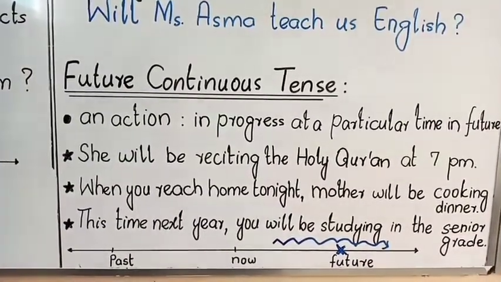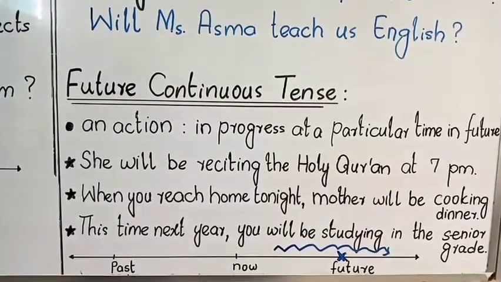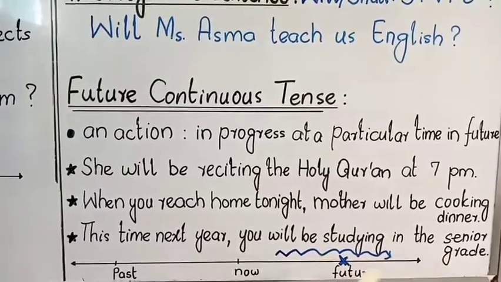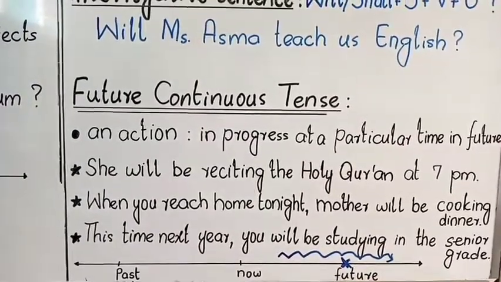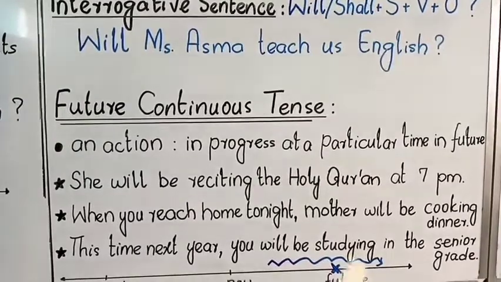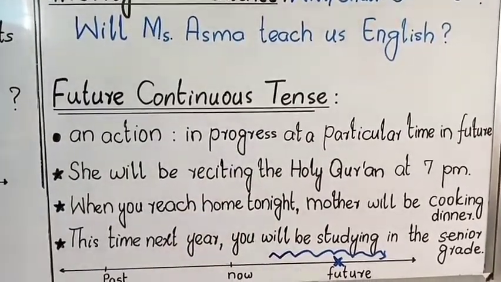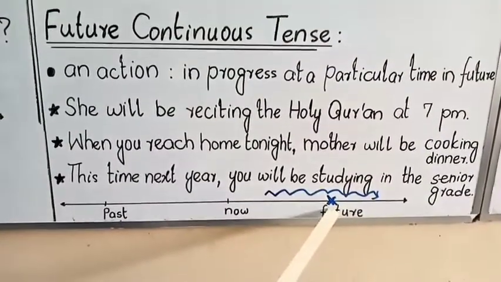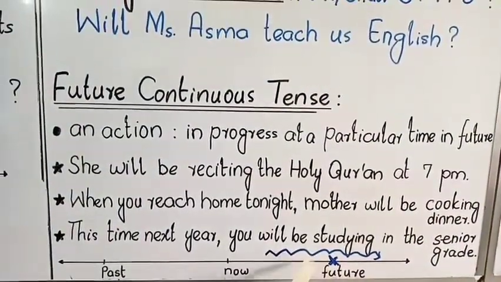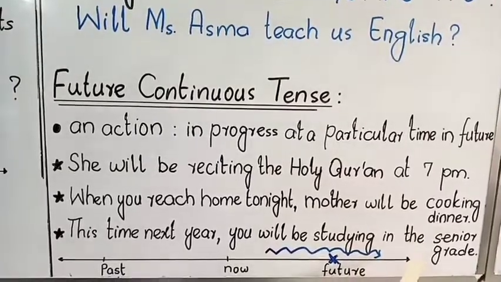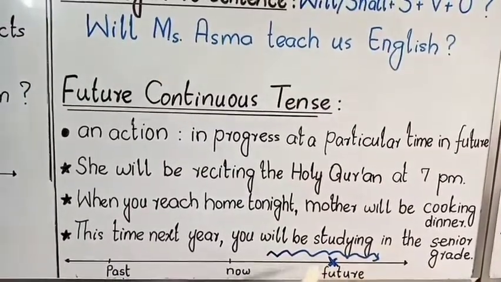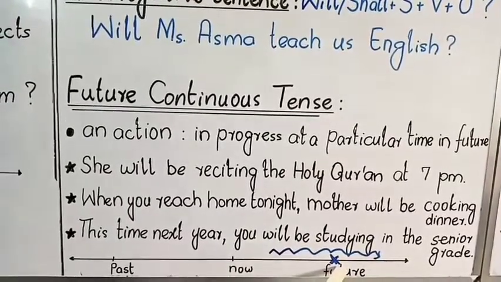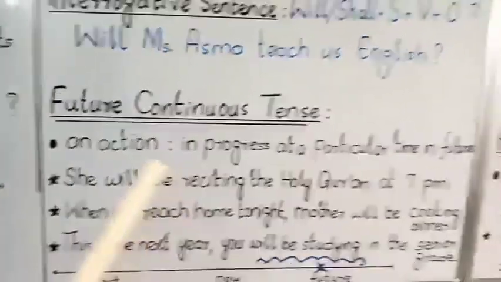So next time this year, in July 2021, you will be studying in senior grade, because you will be in the senior grade in April 2021 or in May 2021, and at July 2021 you will be studying in the senior grade. This action, you are studying, will be in progress at that time. Okay girls? So come to the formulation.